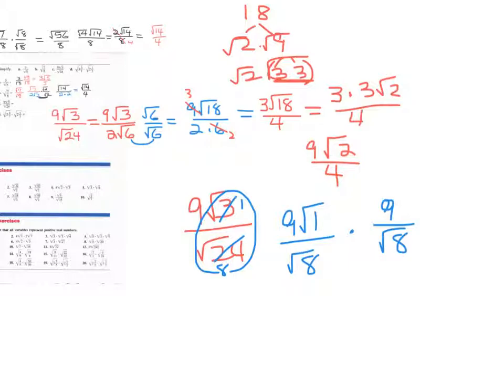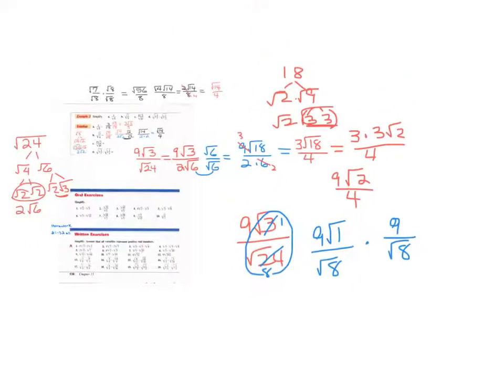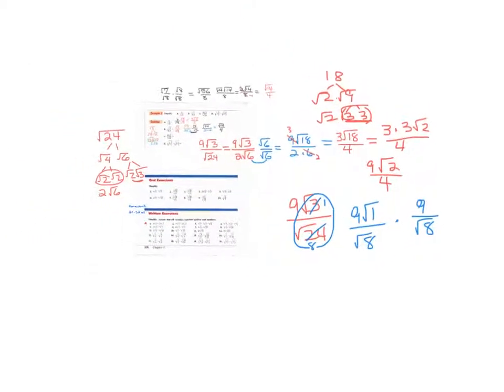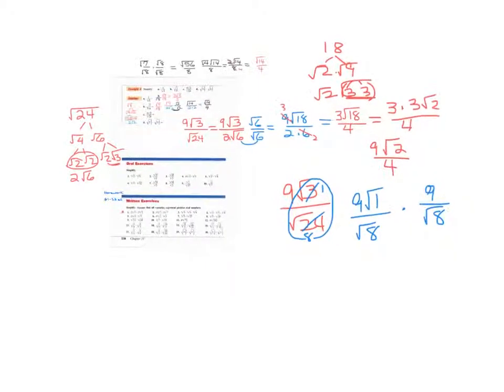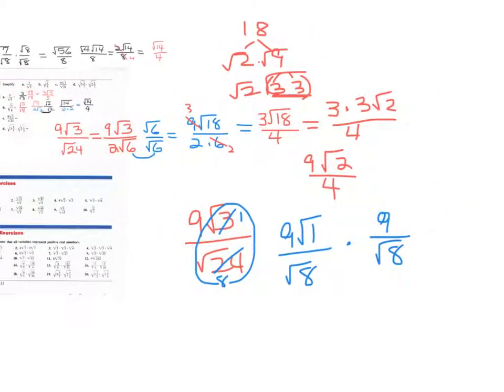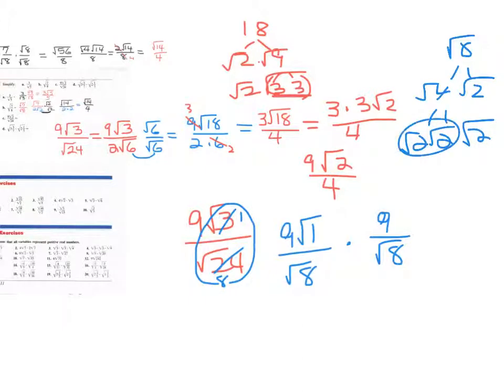And now I already broke down the square root of 8 earlier. Where did I do that? Maybe on the other screen. So square root 8 becomes 4 times 2, and then 2 times 2 times 2, pair of 2's, 2 radical 2.